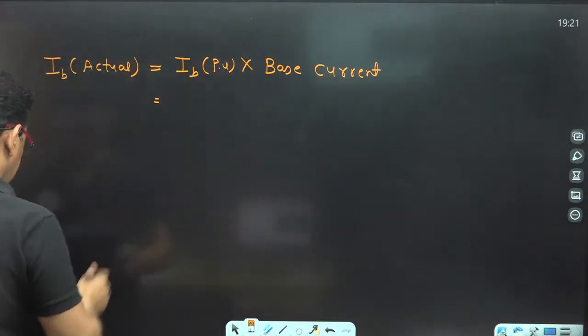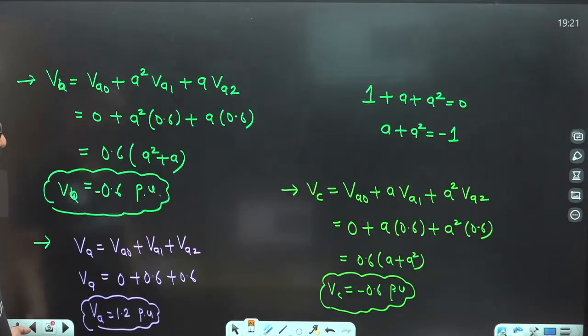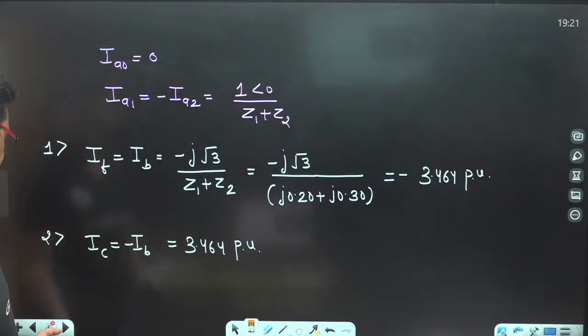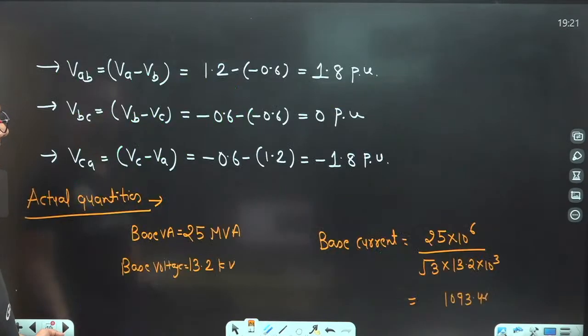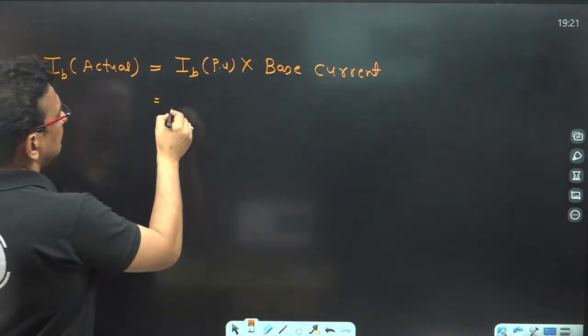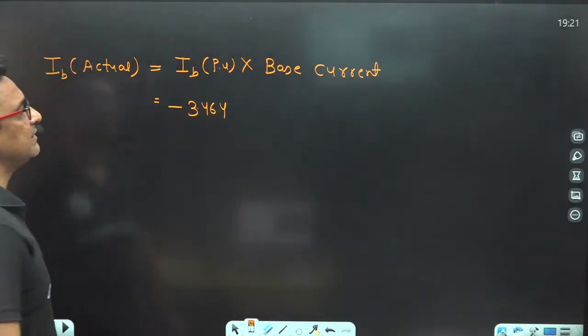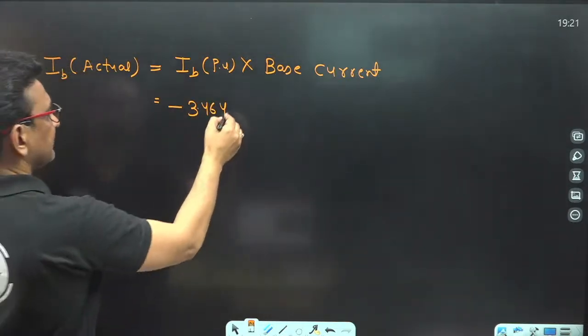So 3.464 is the pu value. Minus means the B current and the C current are opposite to each other, that's all.